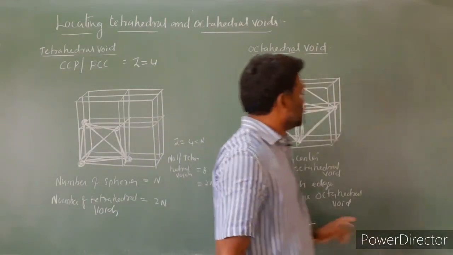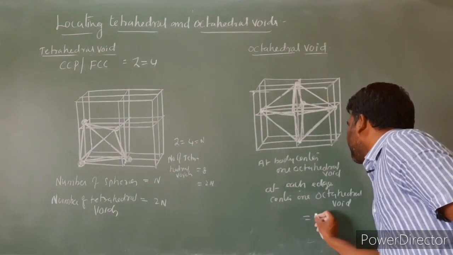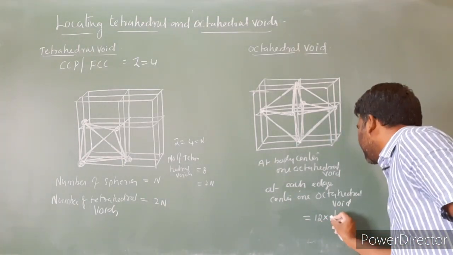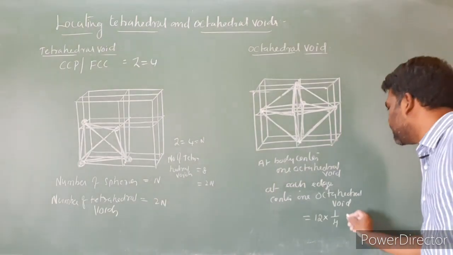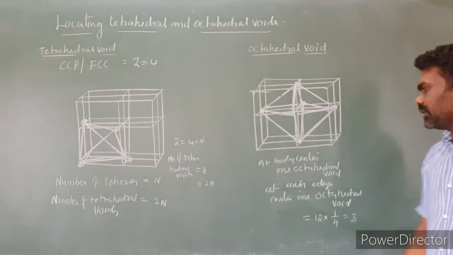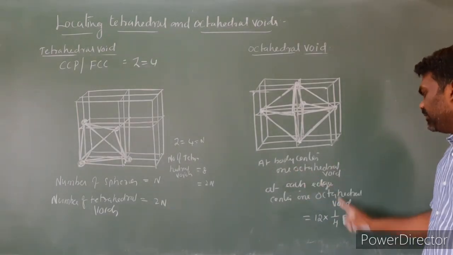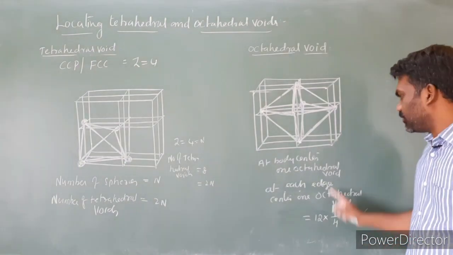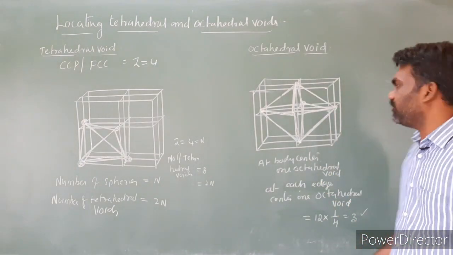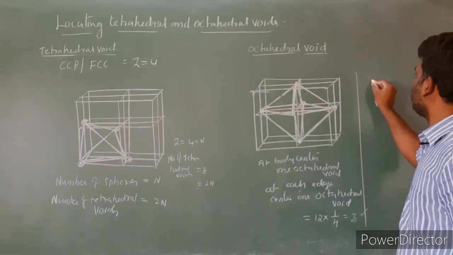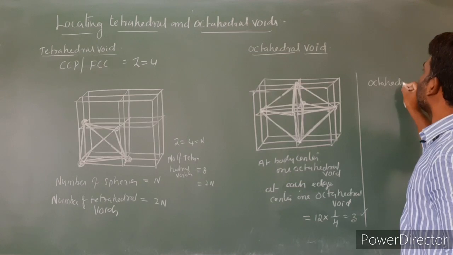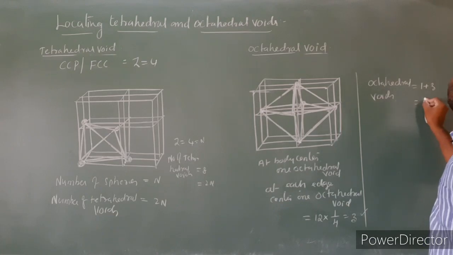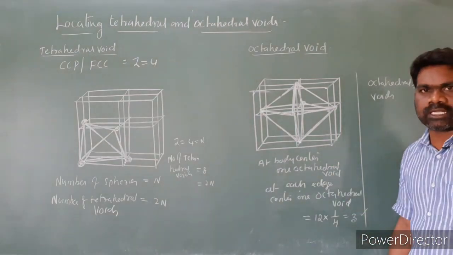There are 12 edges, each shared by 4 unit cells, so the share is 12 into 1 by 4, that is equal to 3. At the body center there is one octahedral void, so the total is 1 plus 3, that is equal to 4 octahedral voids.